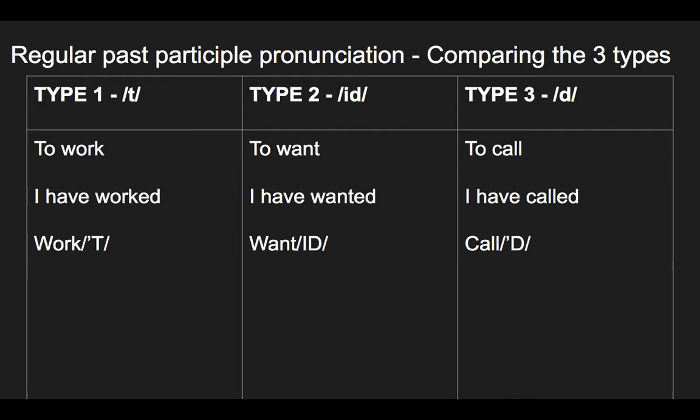And type 3 is d: call, called, I've called him. So three types: t, id, and d. Let's look a bit closer at those three types. It's exactly the same as the three types of regular simple past pronunciation.